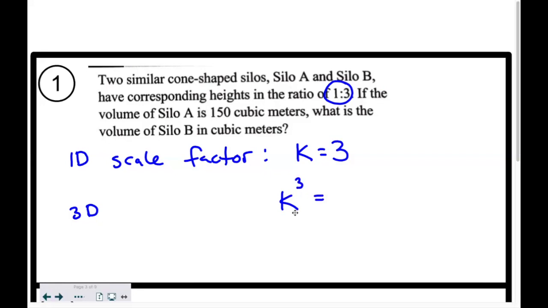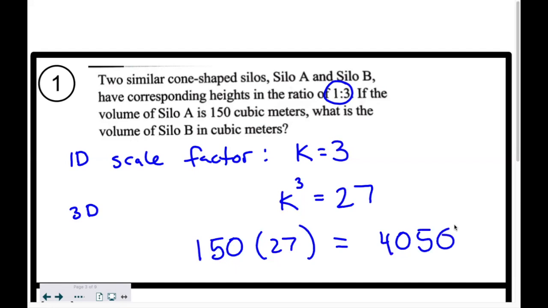Anytime you're doing volume, you're multiplying by the scale factor cubed. Well, 3 cubed is 27. Since we're multiplying by 27, and silo A is the smaller one, 150 times 27 is going to give you 4,050.